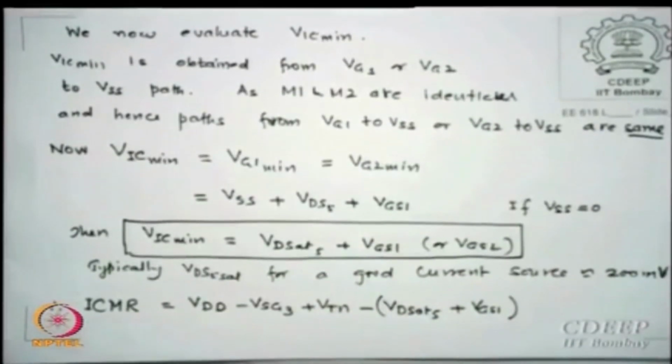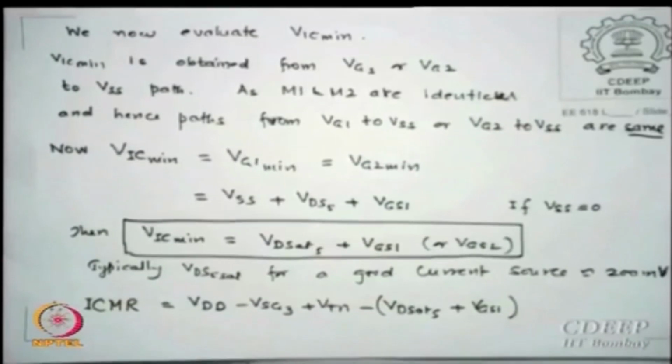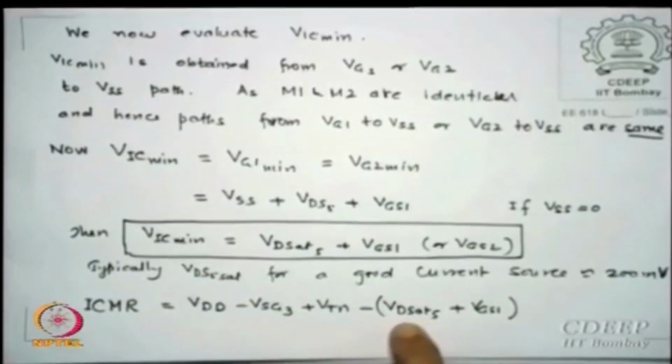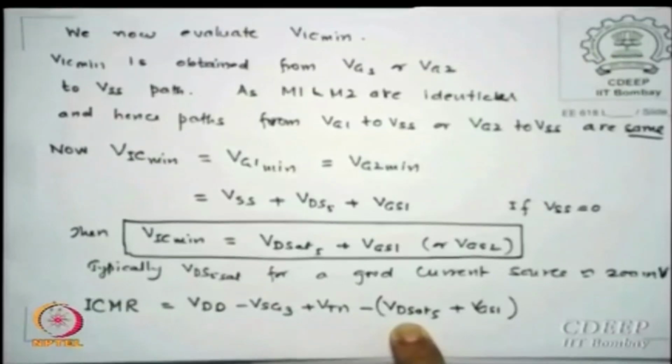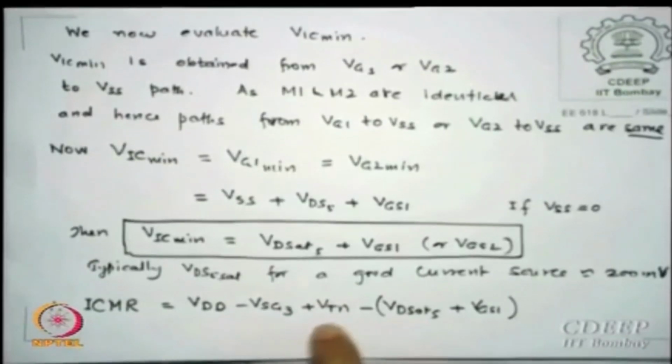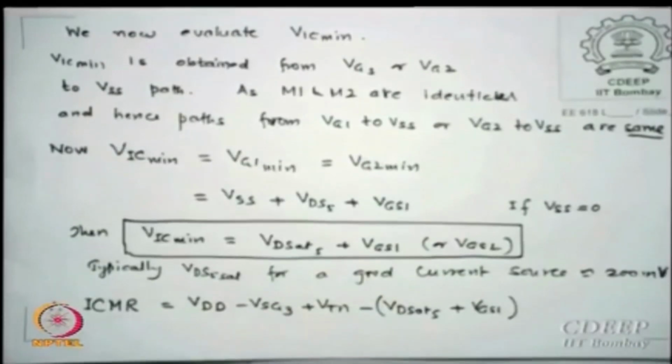So we now define the input common mode range as VIC max minus VIC min. Please remember this is normally specified by us: how much is the drop across the current source, that is, VDS5 is normally specifiable. These will be given to you as technology parameters. This you will have to calculate from currents or voltages. This is given to you.